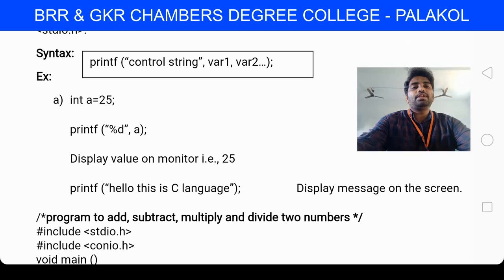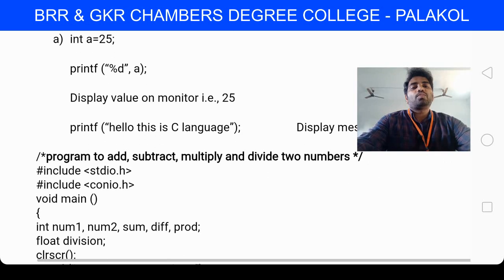The printf statement is divided into two types: displaying a value and displaying a message. For a message: printf("hello, this is the C language"); displays the message on the screen.